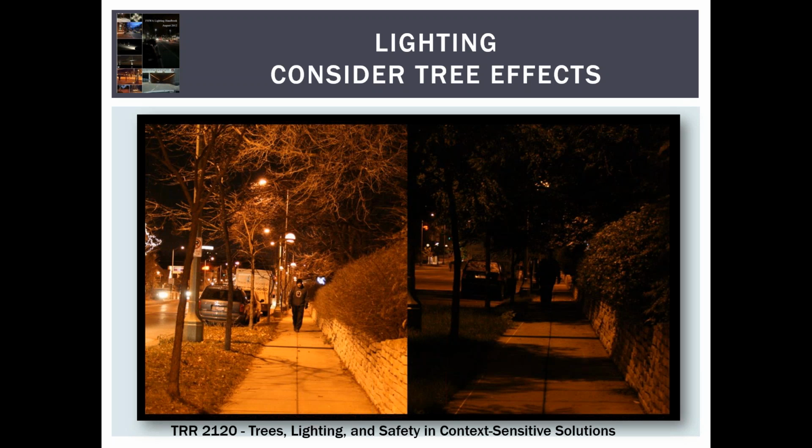A study entitled Trees, Lighting and Safety in Context-Sensitive Design provides some examples of how lighting systems should be designed to allow for the presence of trees at all stages of maturity. For example, the best design approach is to locate the luminaires outside the full growth lines of the species of trees along the roadway.